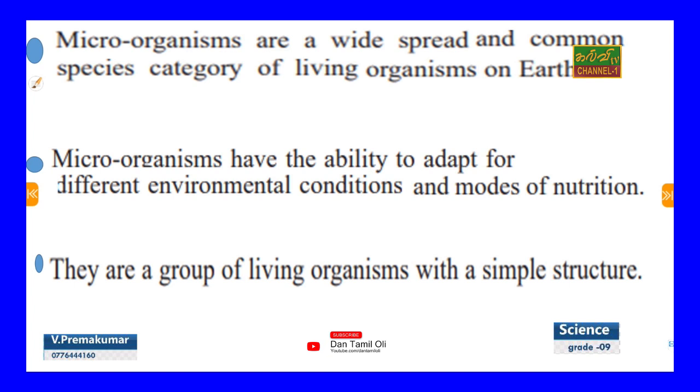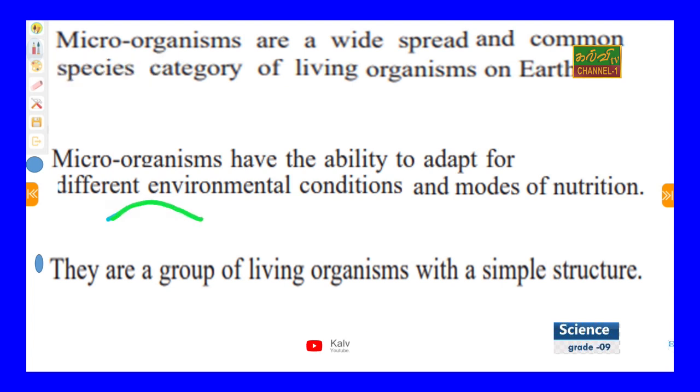The next one, they are a group of living organisms with a simple structure. What is simple structure? When you consider a fish, you can find different kinds of structures.